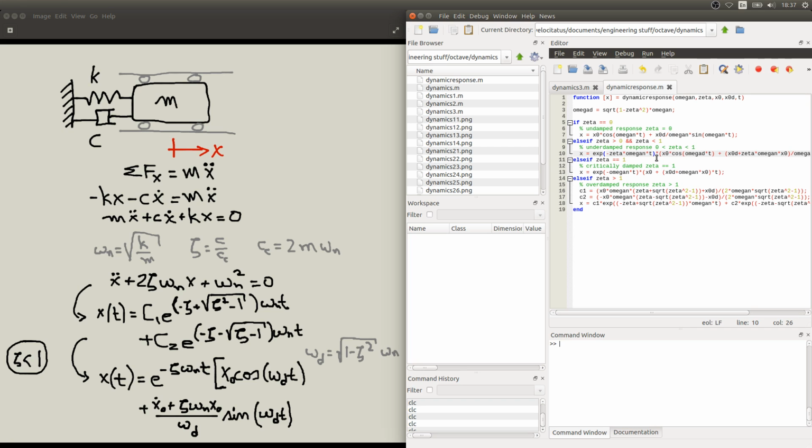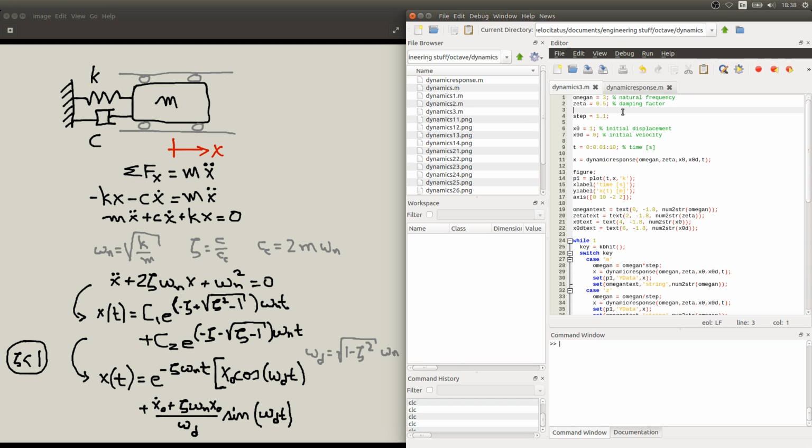So we need to tell MATLAB that we're going to do this multiplication element-wise, and it's not a matrix multiplication. So we need this dot multiplication here and in here as well, or else we'll have an error because of the dimensions of the vectors that we're trying to multiply.